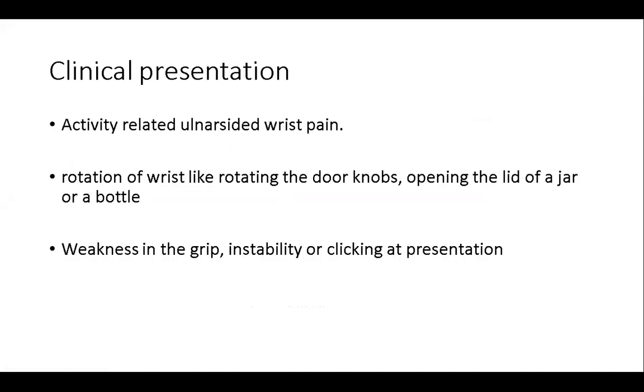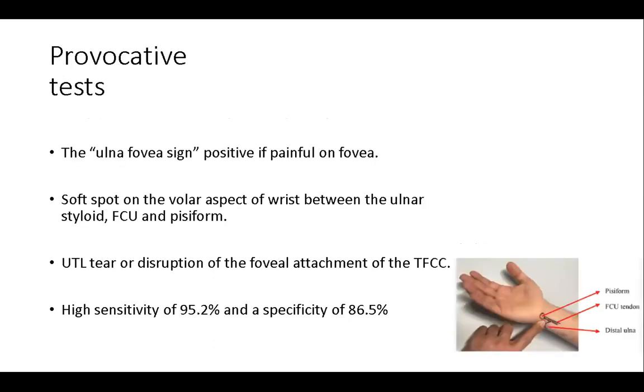Clinical presentation is associated with activity-related ulnar-sided wrist pain, which involves movement of the wrist, like rotating doorknobs or opening the lid of a jar or a bottle. It is also associated with weakness in the grip, instability, or clicking at presentation. Another thing is difficulty in supination and pronation when it is associated with DRUJ instabilities.